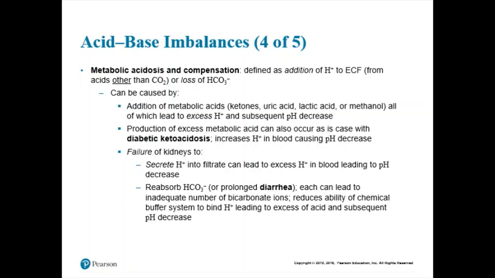So you're getting your extra positively charged hydrogen ions from another acid other than carbon dioxide and its carbonic acid form. Oh, you know the answers. Remember, what are other sources of acids? Remember, it's ketone bodies from breakdowns of fat, or uric acid from nucleic acid breakdown, or lactic acid, etc. These are your non-volatile acids, and if you get too much of them, you could get an acidosis.